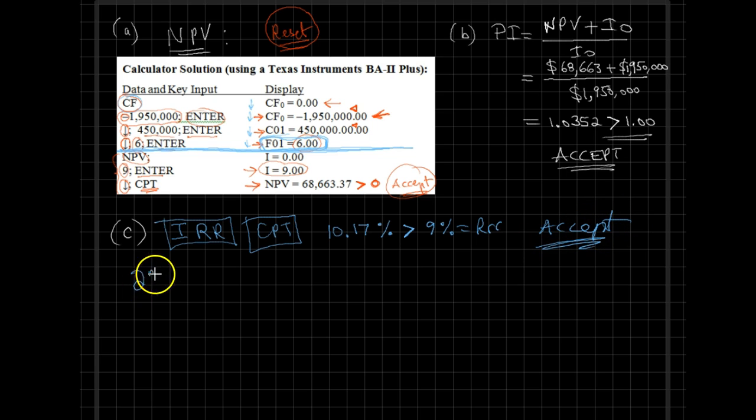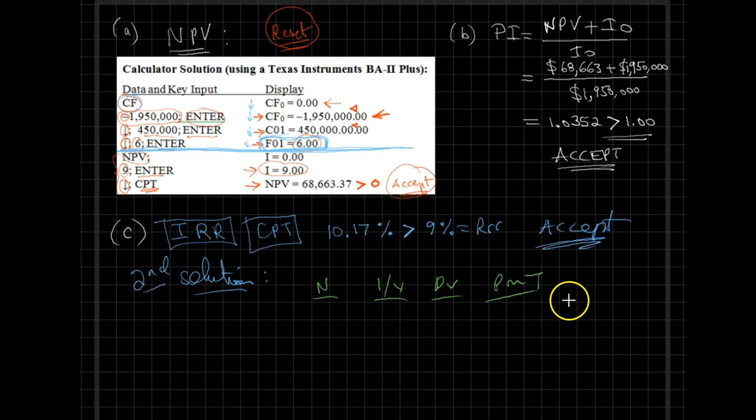An alternative second solution would be to use the third row of our financial calculator, something that we are very familiar with: I/Y, PV, payment, FV. Now recall that this project requires a $1,950,000 initial outlay, so don't forget the minus sign, and then there will be a stream of payments received by the firm.